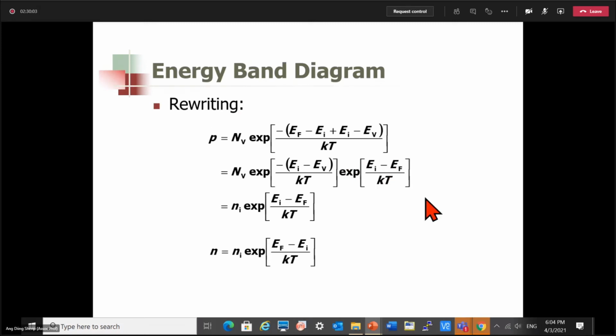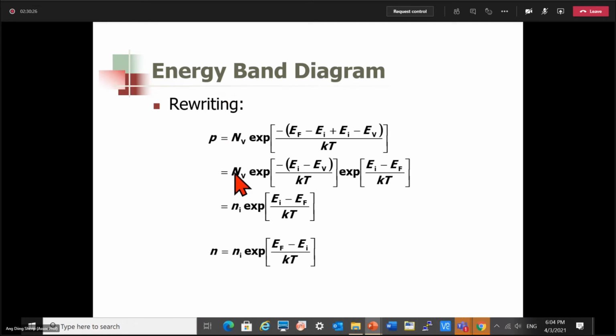By doing that, I can recognize that NV times the first exponential term is actually equal to the hole concentration inside the intrinsic semiconductor. Remember, in an intrinsic semiconductor, Ni is Pi.